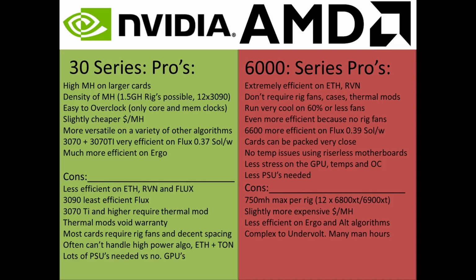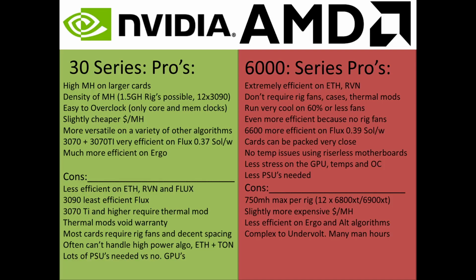As a next point, no temp issues using riserless motherboards. If you tried to pack any of the Nvidia cards in like that, anything over a 3060 Ti, even some of the 3060 Ti's, you wouldn't be able to fit into that same riserless motherboard, which then gets rid of that pro of being able to purchase very cheap riserless motherboards.